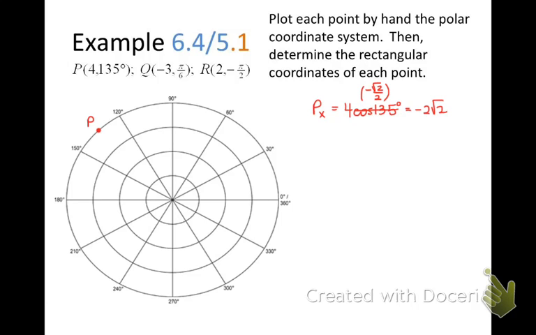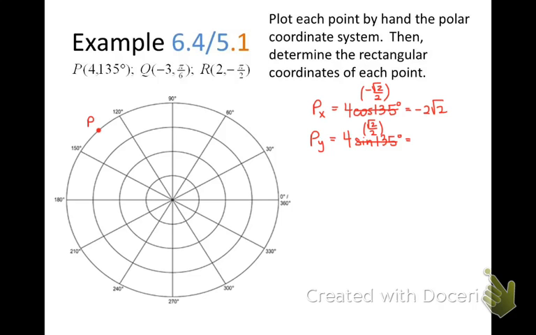All right. How are you going to find your y coordinate? Yep, so 4 sine of 135 degrees. What is the sine of 135 degrees? Positive root 2 over 2, right? So the only thing that changes here is that we've got a positive value for that.